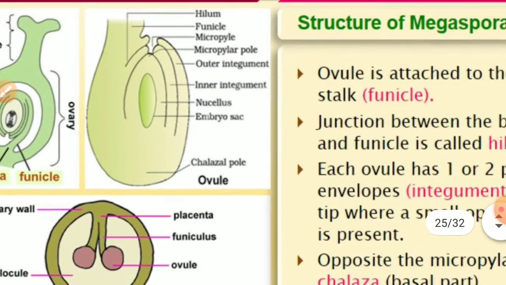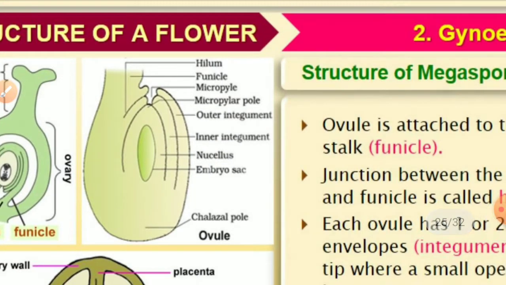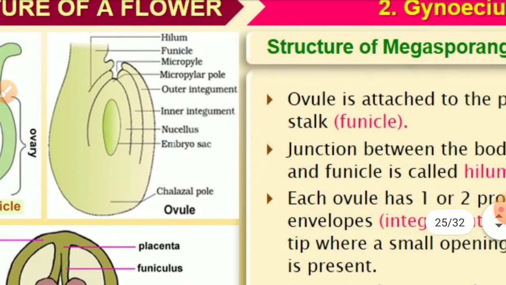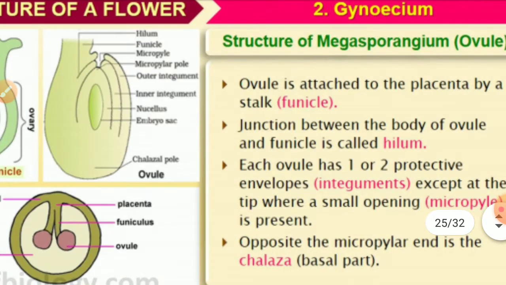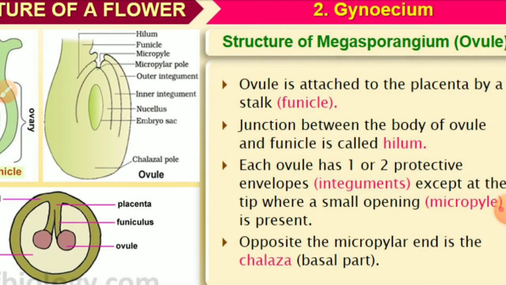You can see this in the diagram. The junction between the body of the ovule and the funicle is called the hilum.